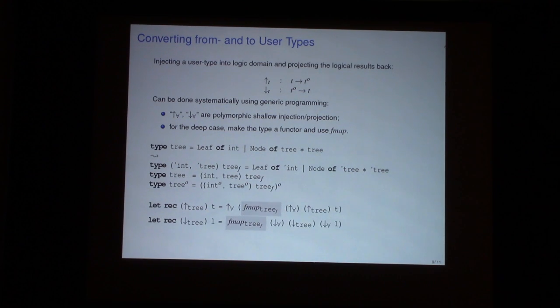There we use fmap for the specific tree and use arrow operators which convert to and back from the logical domain. And arrows with a quantifier are just shallow injection and projection. It just wraps values on top level in the root.